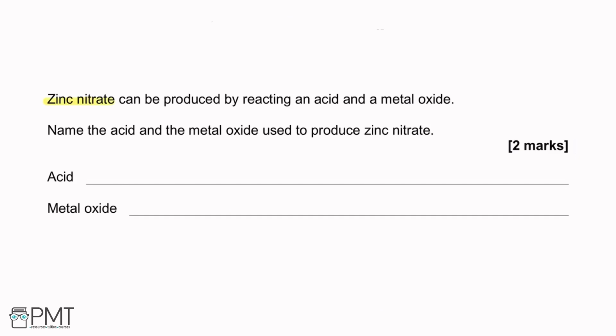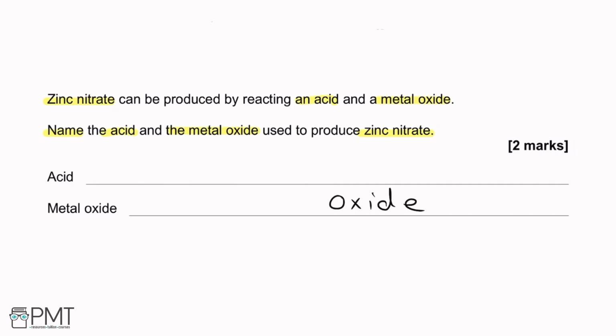Zinc nitrate can be produced by reacting an acid and a metal oxide. Name the acid and the metal oxide used to produce zinc nitrate. And this is for 2 marks. So let's start by thinking about the metal oxide. Well, any metal oxide's name ends in oxide.